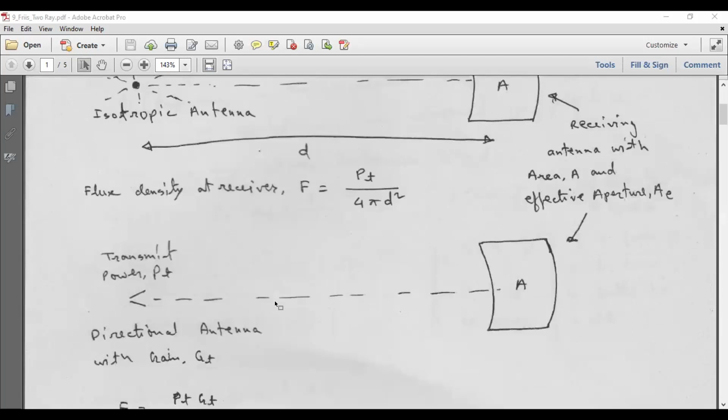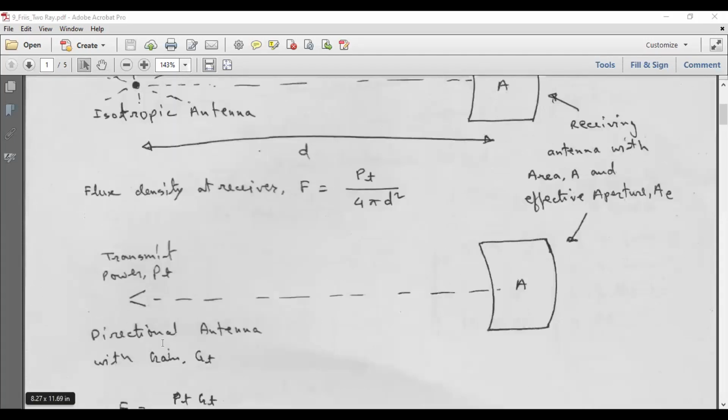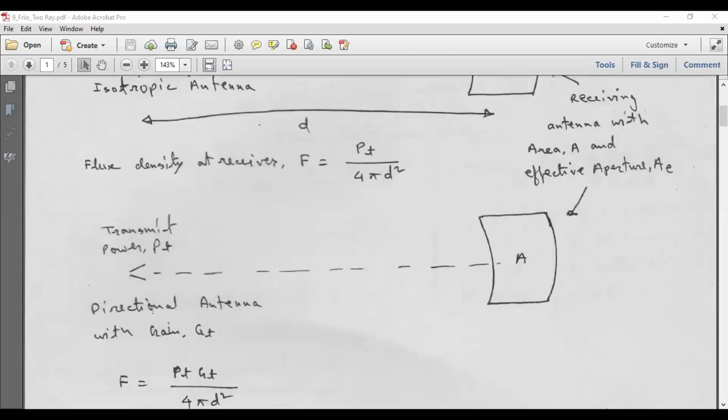Rather, you're trying to focus. Now, the gain of the antenna tells you the ratio between how much power you are actually sending towards the desired direction compared to what it would be if you had transmission equal in all different directions, like an isotropic. So GT is the ratio, right?